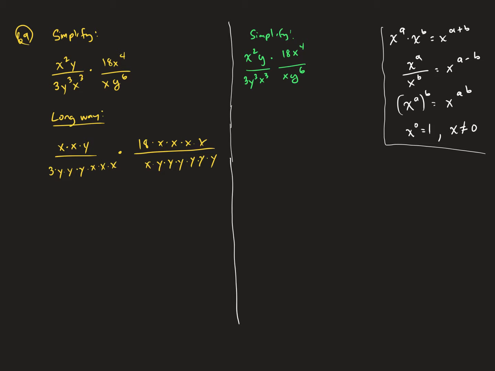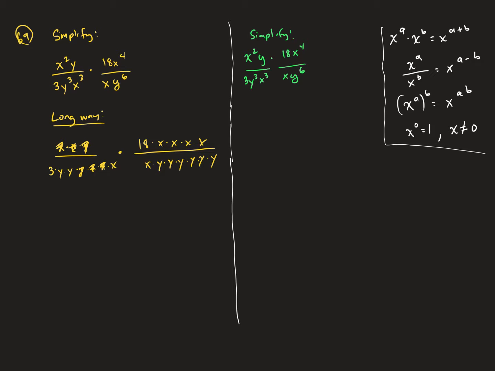Now, when you're looking at fractions and multiplying them, first of all, any fraction that has a common factor on top and bottom should be able to be simplified by canceling that factor. So if you look at the first fraction, we've got an x on top and an x on bottom, another x on top and an x on bottom, and then a y on top and a y on bottom.